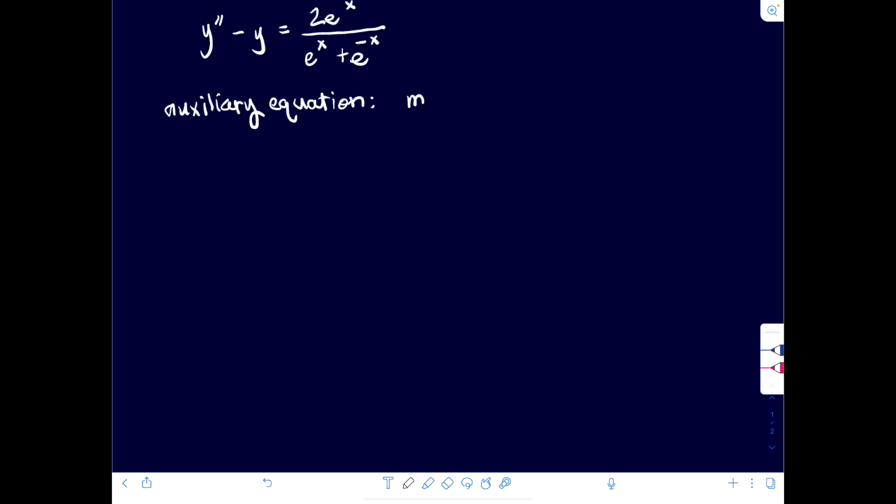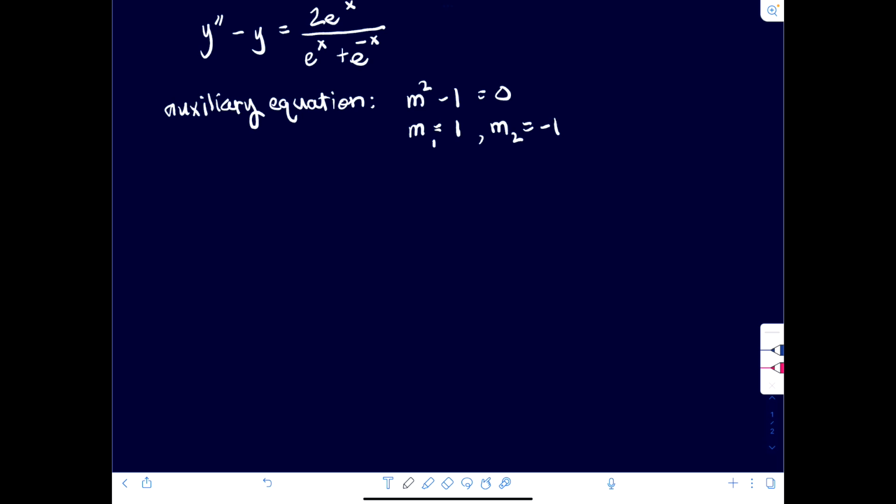Going to be m squared minus 1 is equal to 0. And so we will get m is equal to 1, so m1 is 1, m2 is negative 1 when you solve.